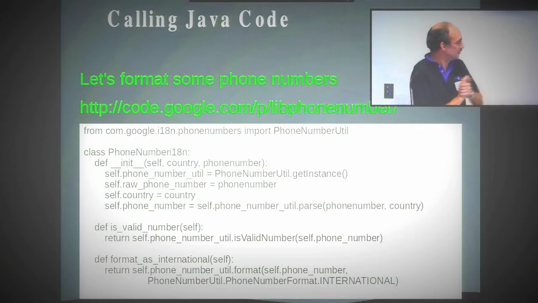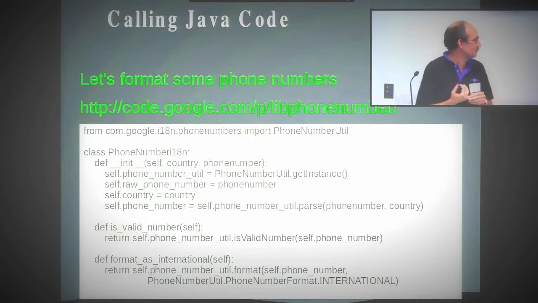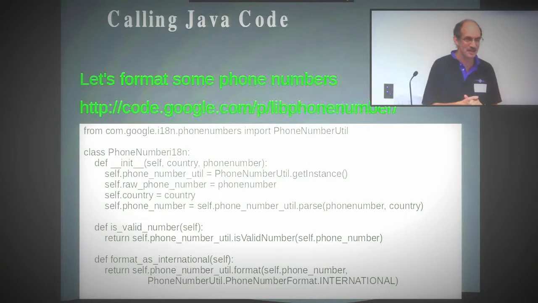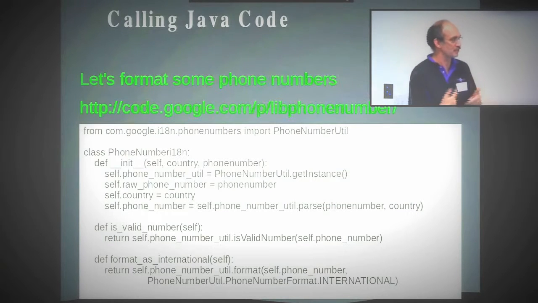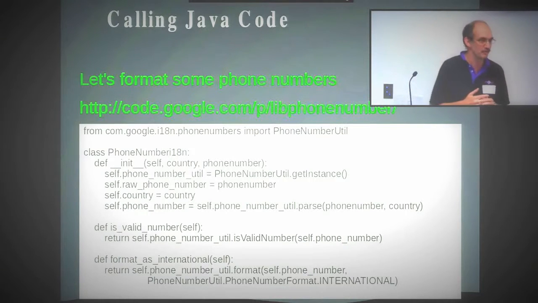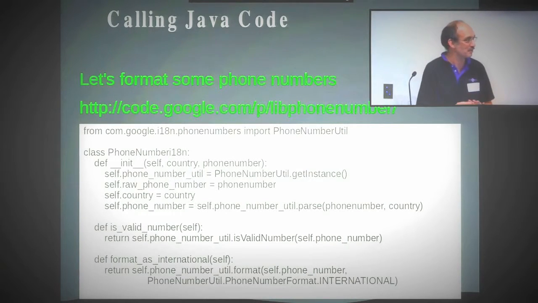one of the things that I didn't like about this library was you sort of had to make multiple calls. So to make it a little bit easier to use, I just wrapped it up in a Python class so I could do my formatting and validation on one object. Now, libphonenumber is optimized for running on Android phone, and there's probably reasons why they wanted it that way.